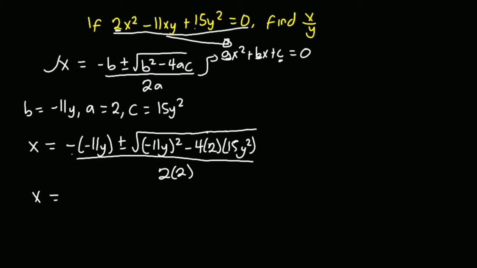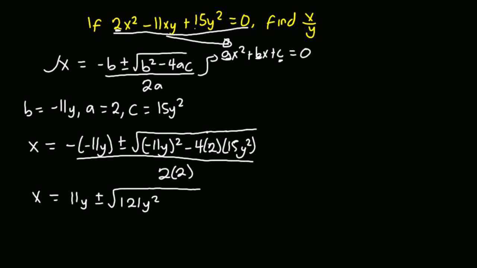So this will give us x is equal to, now negative times negative 11y will give us 11y. So we have 11y plus or minus square root of negative 11y squared, which will give us 121y squared, because the square affects the negative 11.